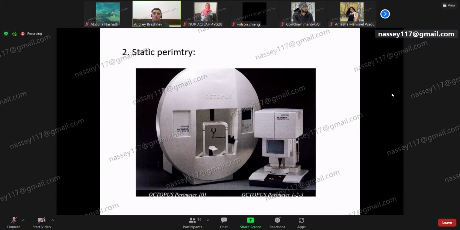Sometimes the suppression may be not full but partial, and in this case it's necessary to determine the degree of depression of visual functions in different parts of the retina, different points of the retina, to compare with the normal result and to compare this situation before and after treatment.